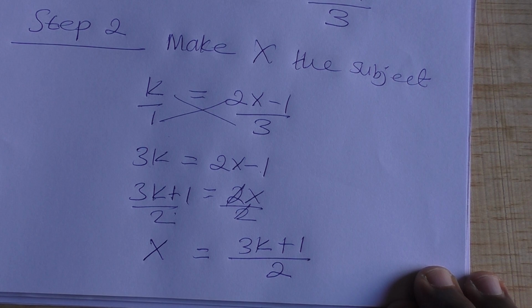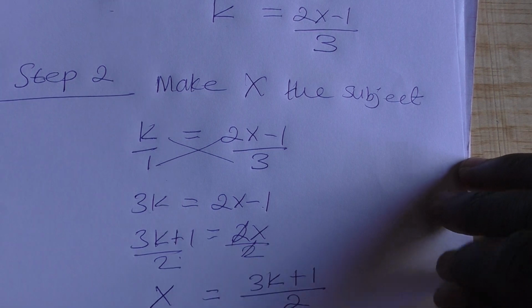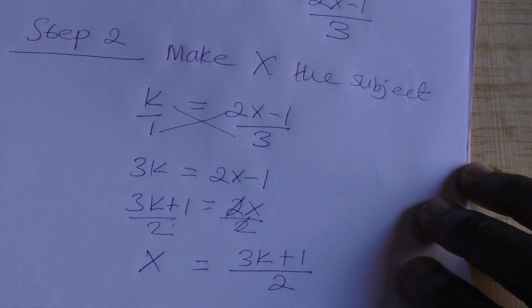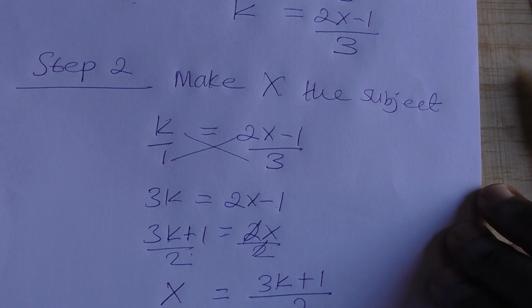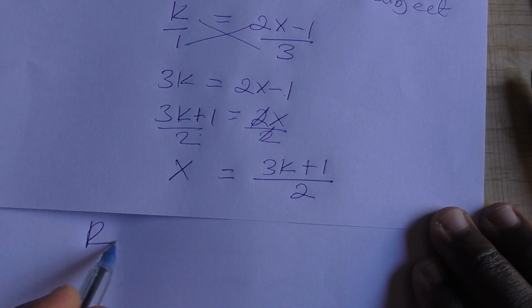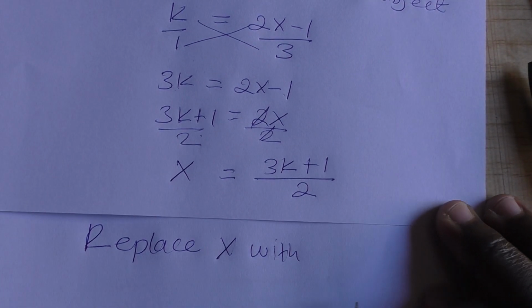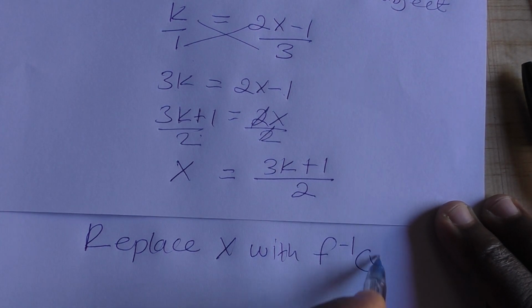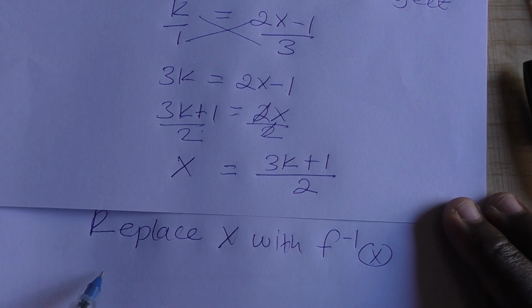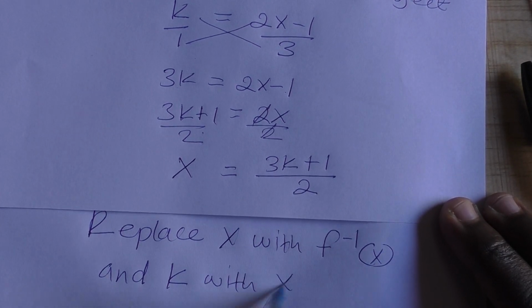That is step 2. Step 3 and the last step, we are going to replace x with the inverse, which is f inverse of x, and k with x.